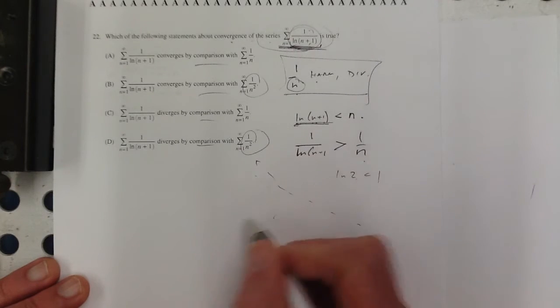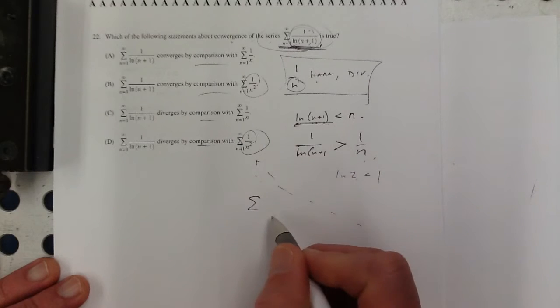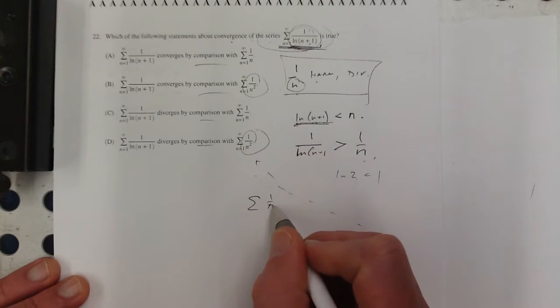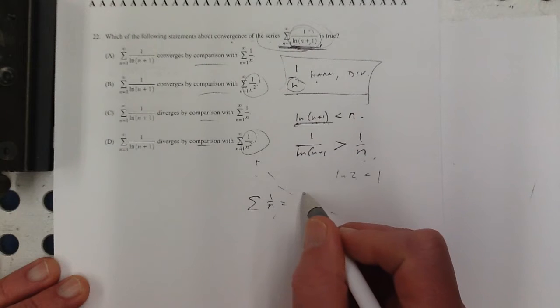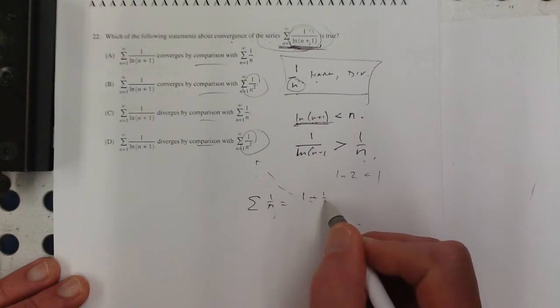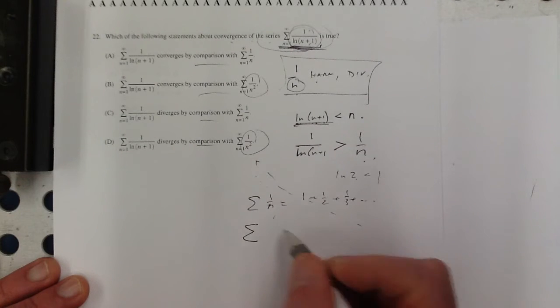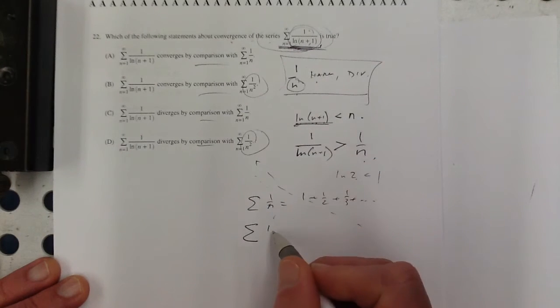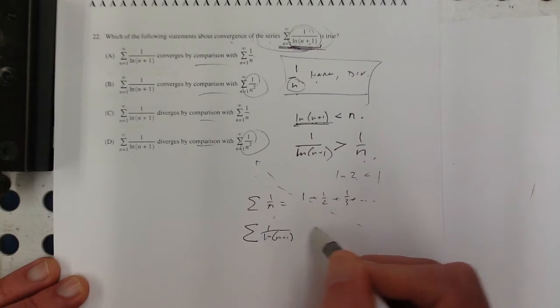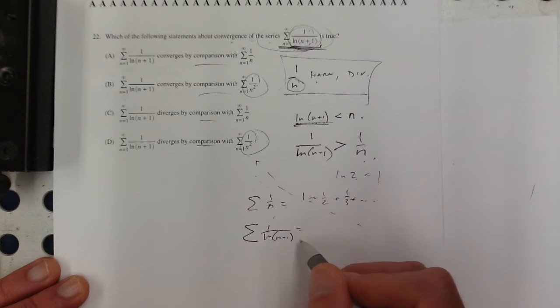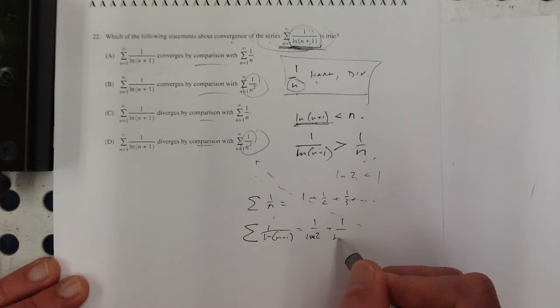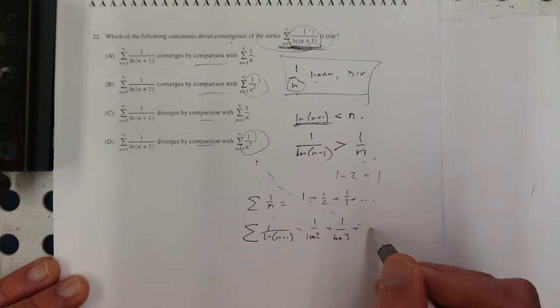And so if you've got a series like the harmonic series, the sum of 1 over n, which is 1 plus 1/2 plus 1/3 and so on, and then another series that's 1 over the natural log of n plus 1, so 1 over natural log 2 plus 1 over natural log 3 plus 1 over natural log 4, and so on.